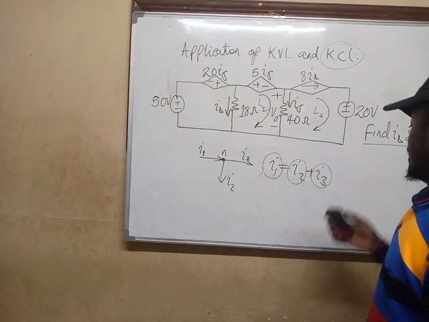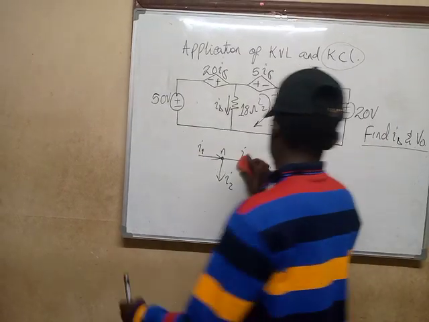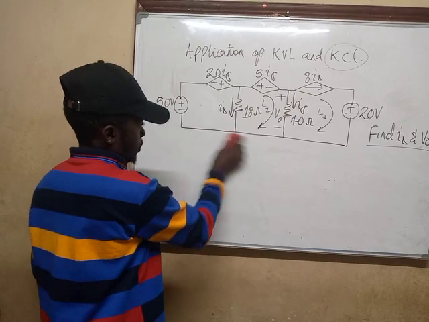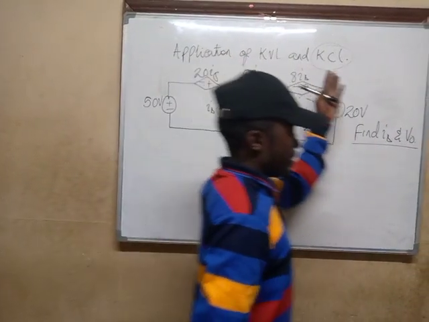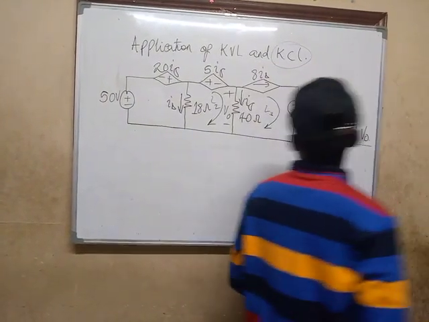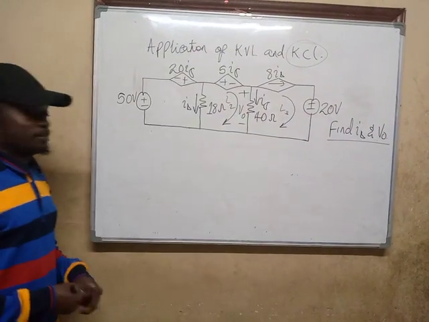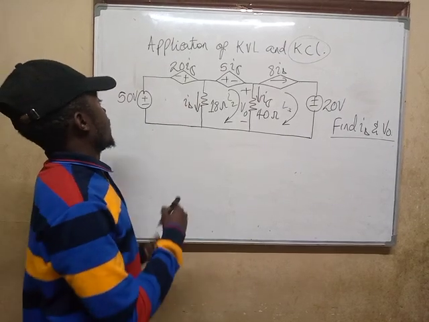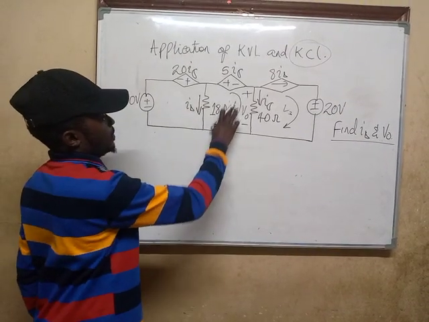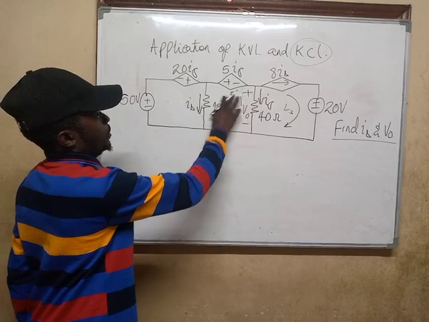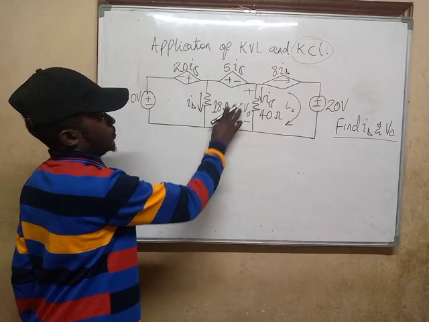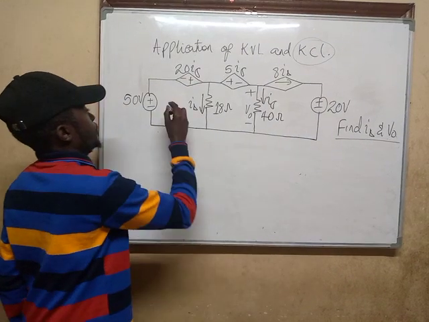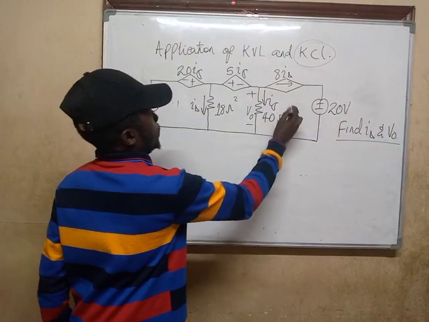Now let's go direct into the question. We are going to apply KVL and KCL. Let us start with the first loop. We are going to name this the first loop, second loop, third loop.